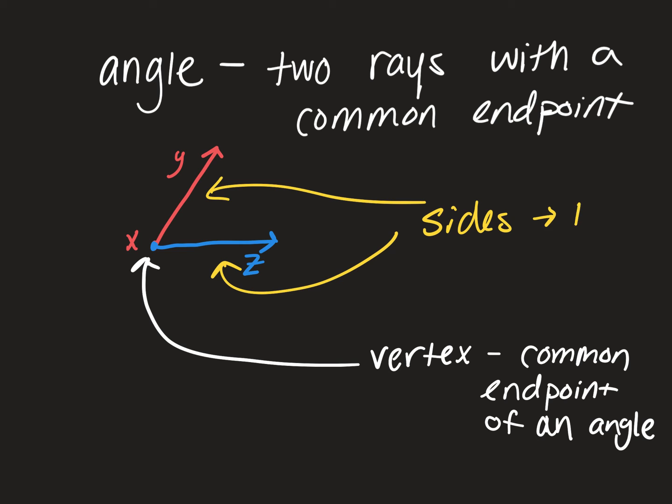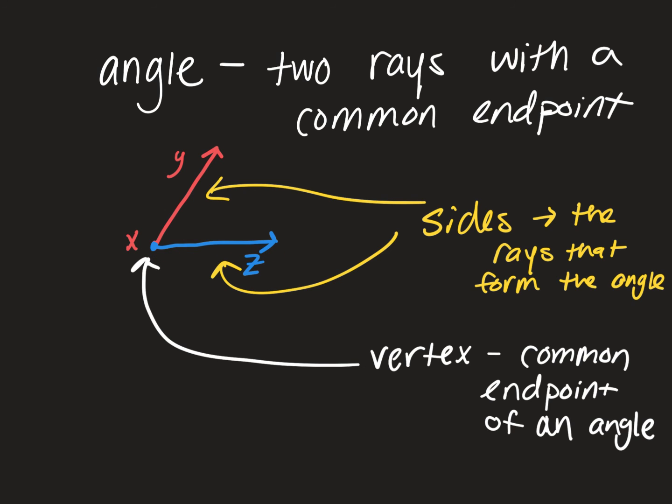It's easier to draw all that with one picture. So again, vertex is the common endpoint, where the two rays come together. The sides are just the two separate rays. So like XY is one side of an angle, XZ is the other side.